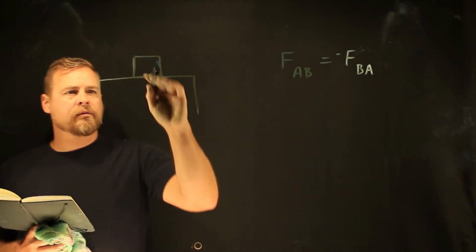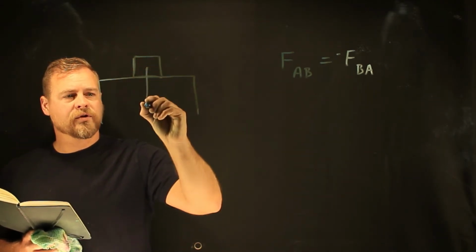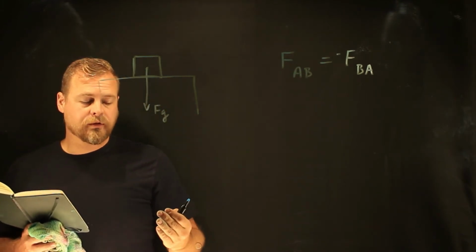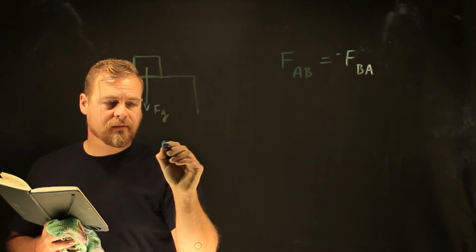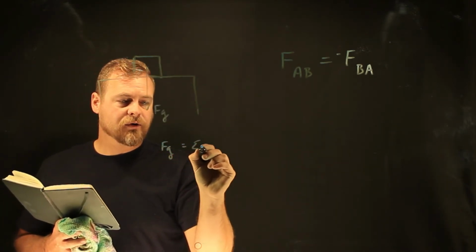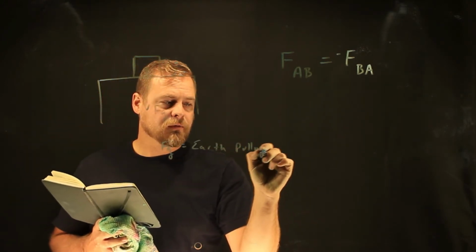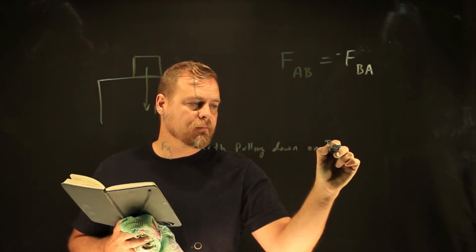What's that look like? Alright, so I have a box on a table, or a book on a table. The force of gravity is the Earth pulling on the book. So F of G is Earth pulling down on the book.